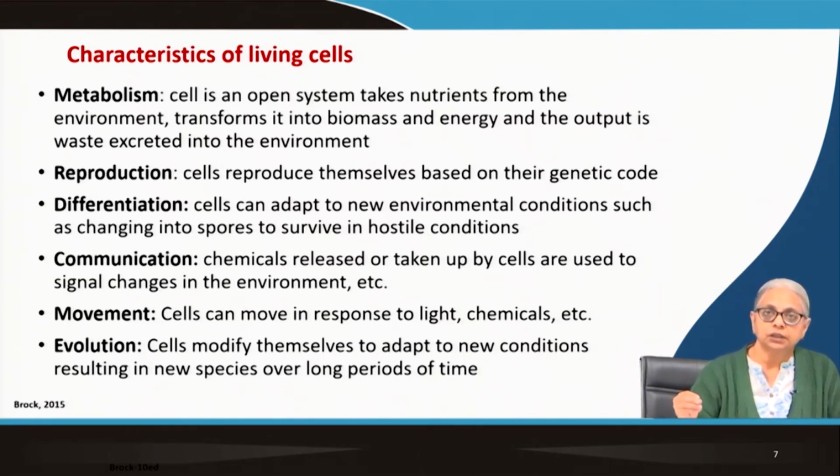Is it dependent on others, or is it capable of taking up nutrients from the environment, transforming them into biomass and energy, and excreting what is not required? The second thing is reproduction. The cells have to be able to reproduce themselves based on their own genetic code. The third is differentiation. The cells need to adapt themselves to new environmental conditions.